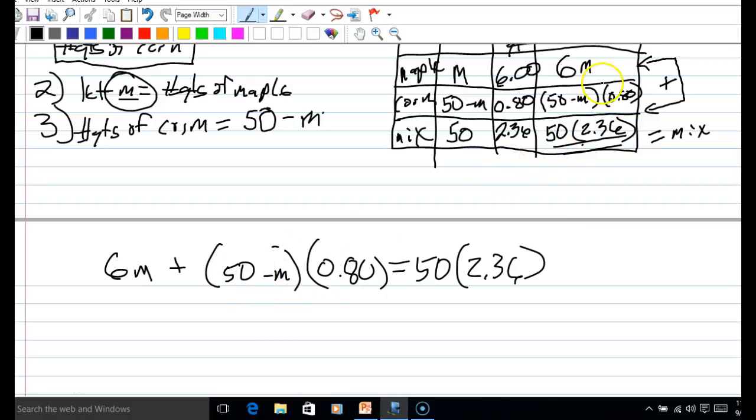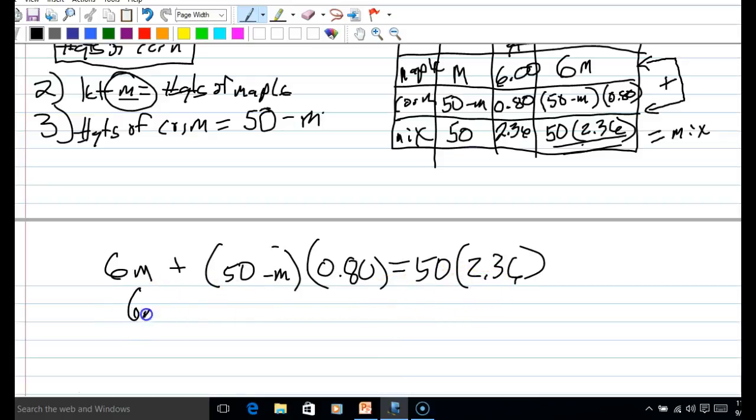So the equation is found by adding these two quantities together, and it should equal the total cost of the mixture, which is this quantity. So that's 6M plus 50 minus M, that quantity, times 0.80 is equal to 50 times 2.36.